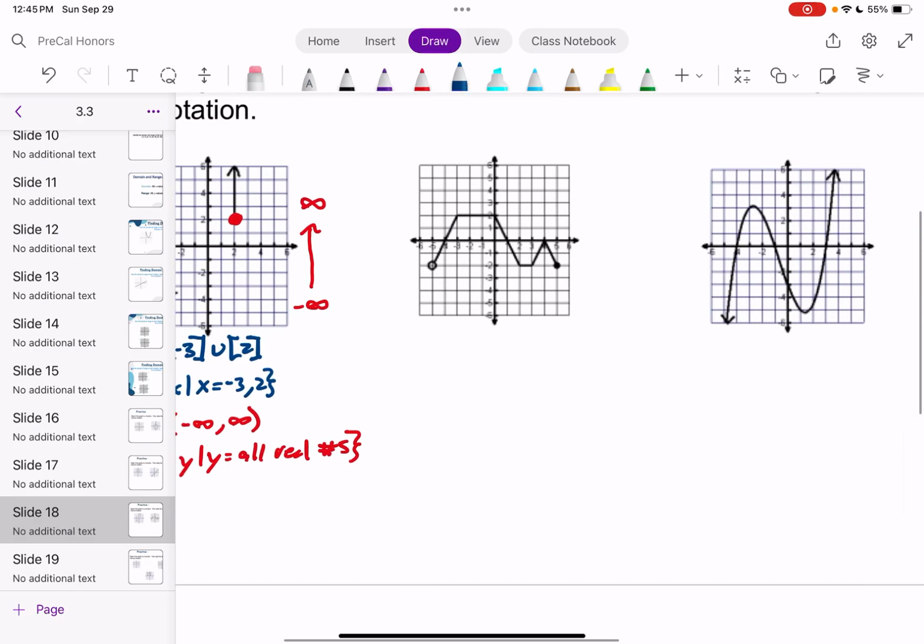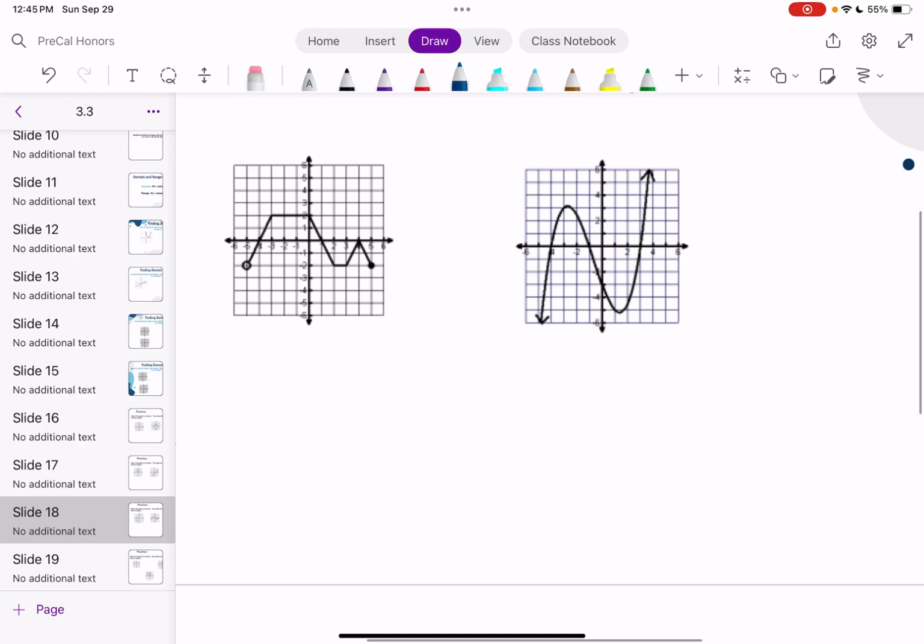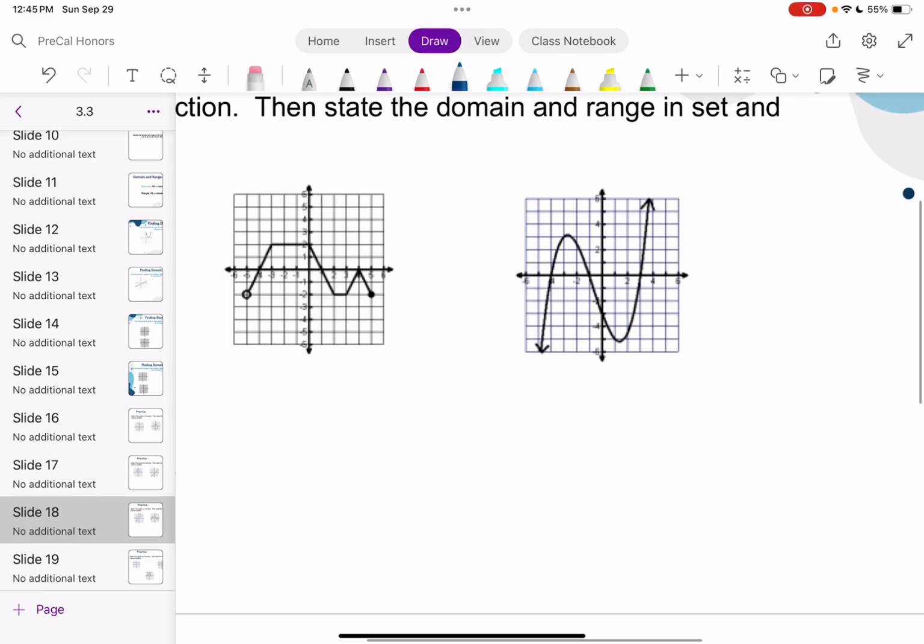We go ahead and take a look at our next problem. Now, as far as our domain and interval notation, keeping in mind that as we run from left to right, we do not cross over itself multiple times.